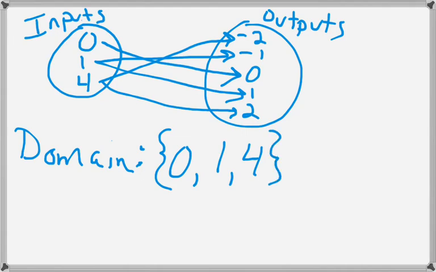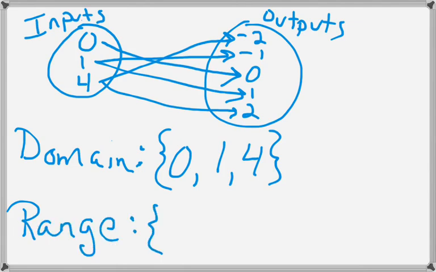When we indicate a set in math, we use braces around the set, and then we list the elements of the set with commas in between. So this is the domain for this relation. And then the range would be the set of outputs. So here that was -2, -1, 0, 1, and 2.